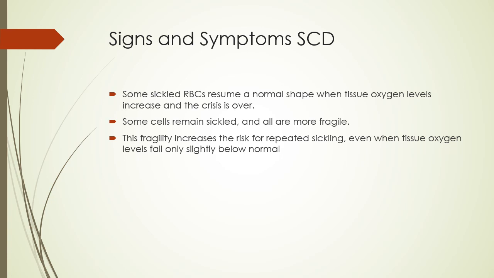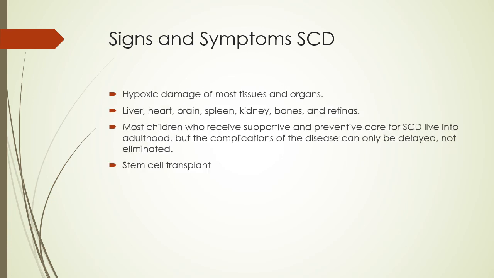More sickling can be triggered by just very, very small fluctuations in tissue oxygen levels, which would be very insignificant for people without this abnormal hemoglobin S.